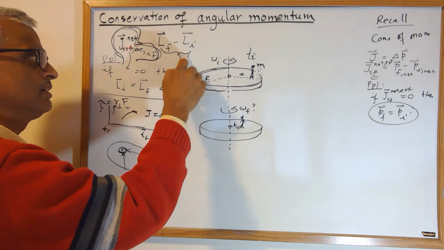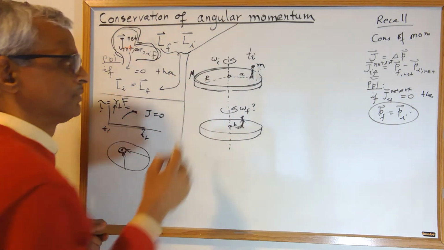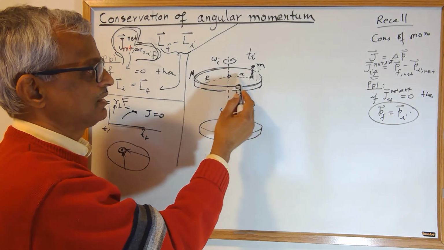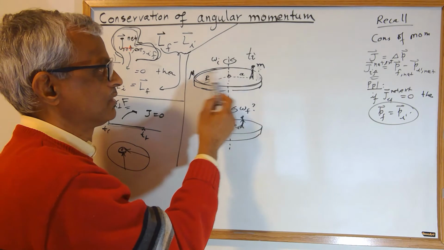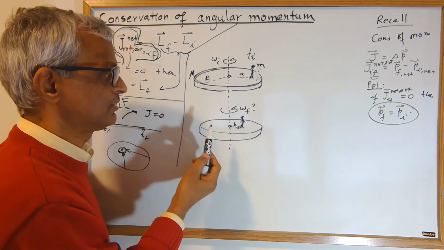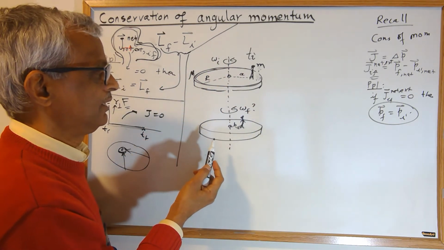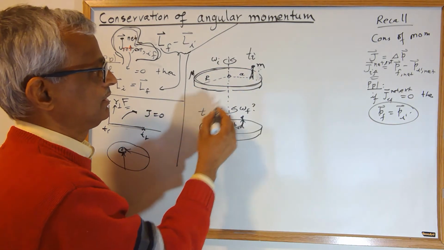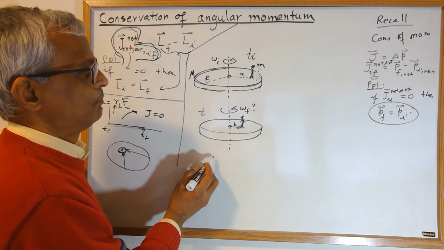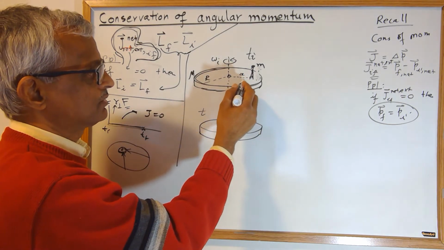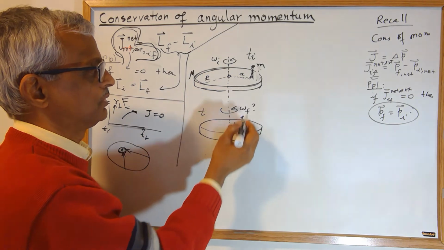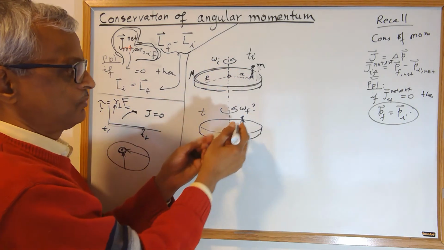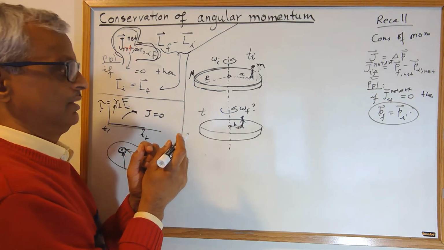Okay, let's look at an example problem that we can apply. Say a person M is standing at some distance A on a rotating platform, which is a disc shape. At time t_i he is there, but he walks towards the center or walks around somehow, and there's a force between him and the disc.